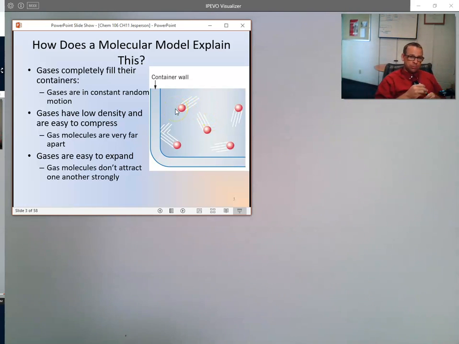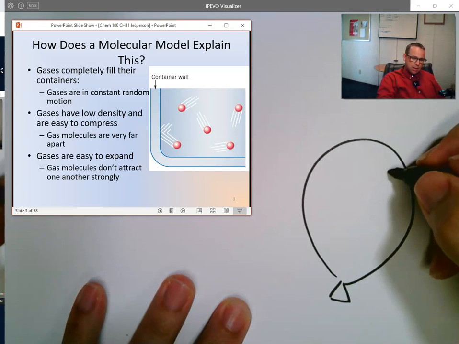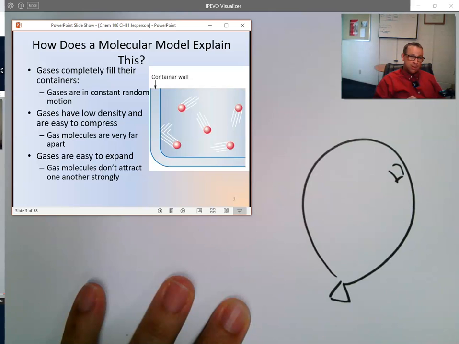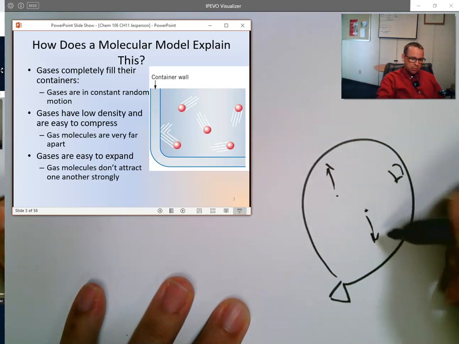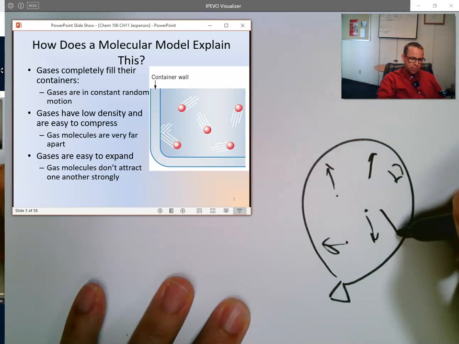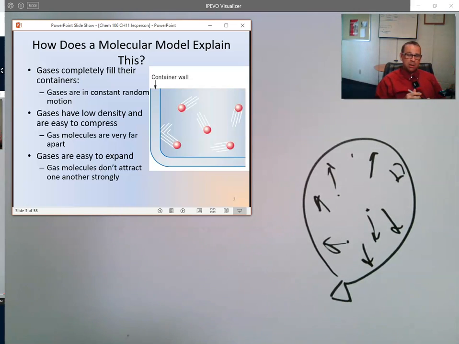In a balloon, the reason a balloon holds its shape, we have little balls of whatever gas is in here floating around, bombarding the inside of the balloon, keeping the shape the way it is. We can heat up this balloon and the balloon will expand. We can cool it down and the balloon will shrink in size.